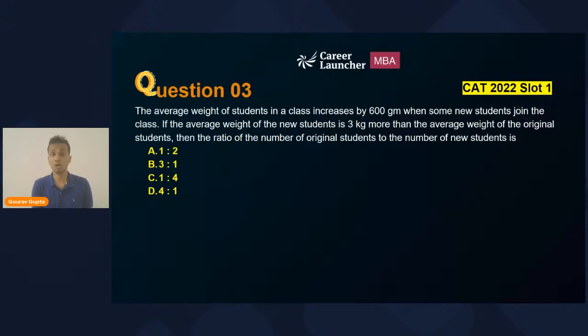Now, this one is a good question. Let's see how many of you are able to give an answer to this question in less than 30 seconds, starting now. CAT 2022 slot number 1.